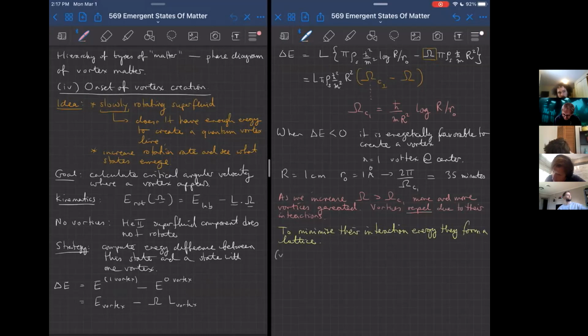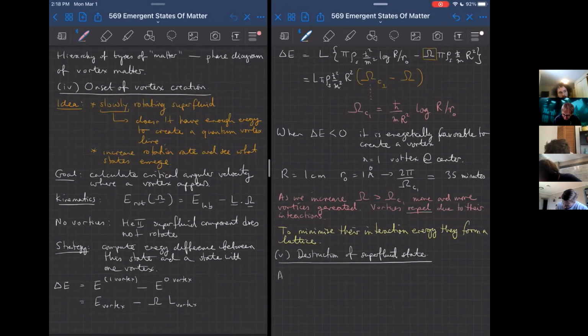So now this is the destruction of the superfluid state. So let's think about what must happen.